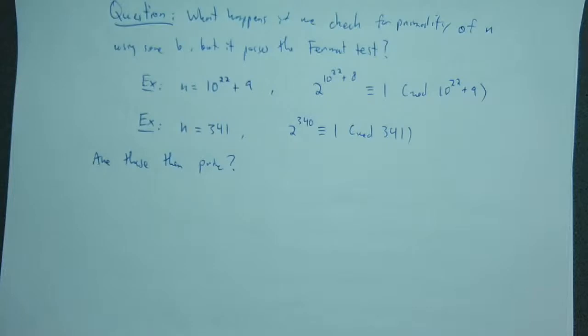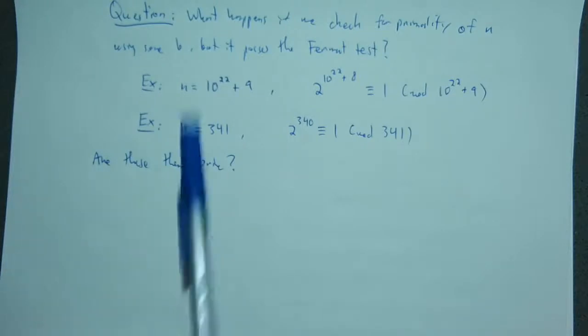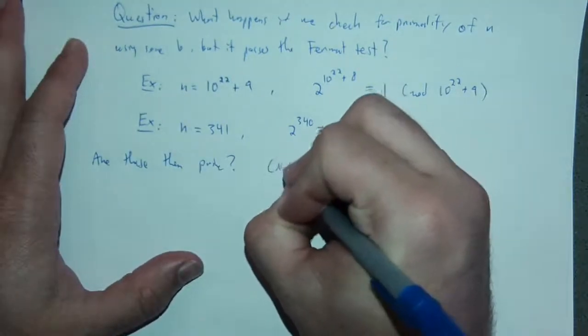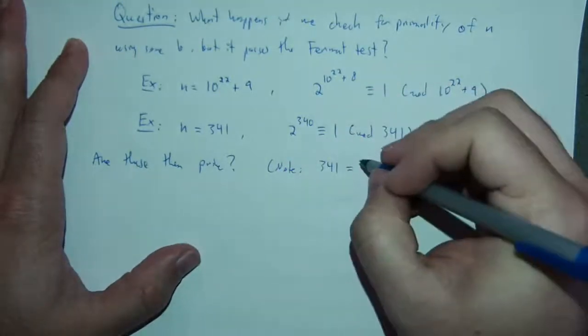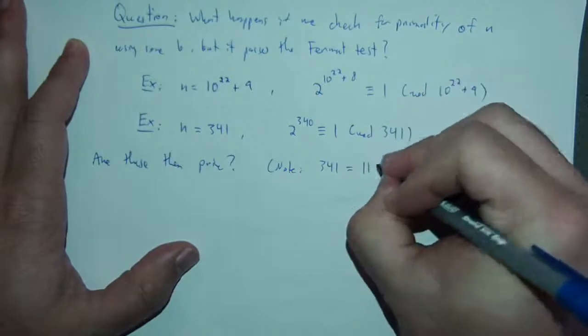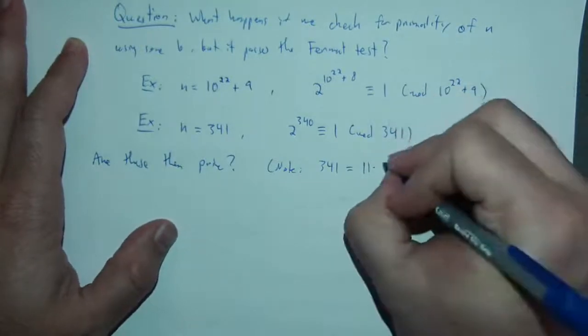So you might already have guessed or have seen that this one's not. This was actually the first counterexample, or the lowest counterexample for 2 known. So note 341 is 11 times 31.